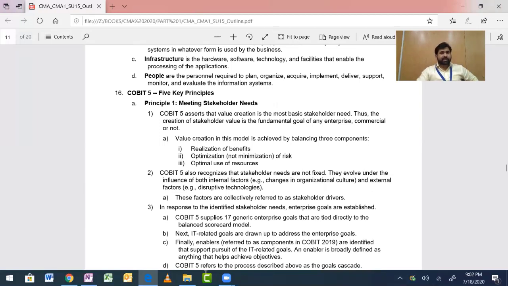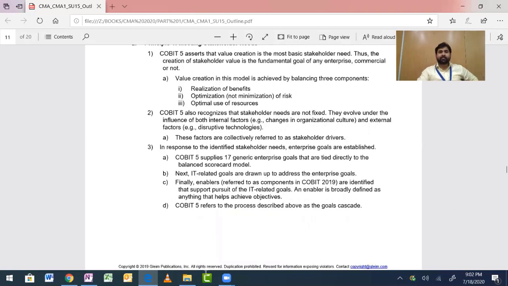So now this asserts that value creation is the most basic stakeholder need. Fine. Thus, the creation of stakeholder value is the fundamental goal of any enterprise. Value creation in this model is achieved by balancing 3 components: realization of benefits, optimization of risk, optimal use of resources. All right. So if you can do these 3 things, that means you are successful in creating value.